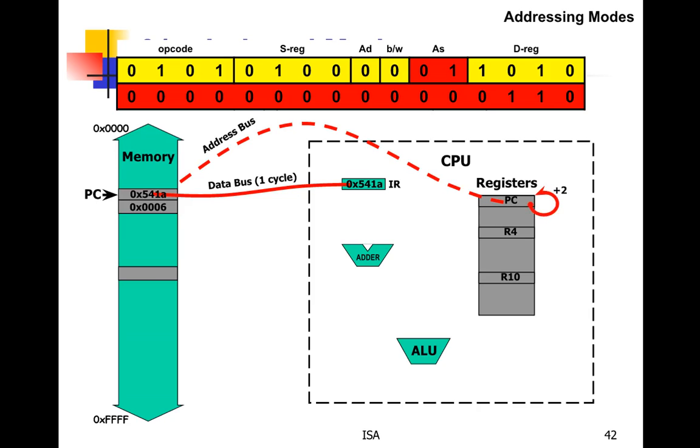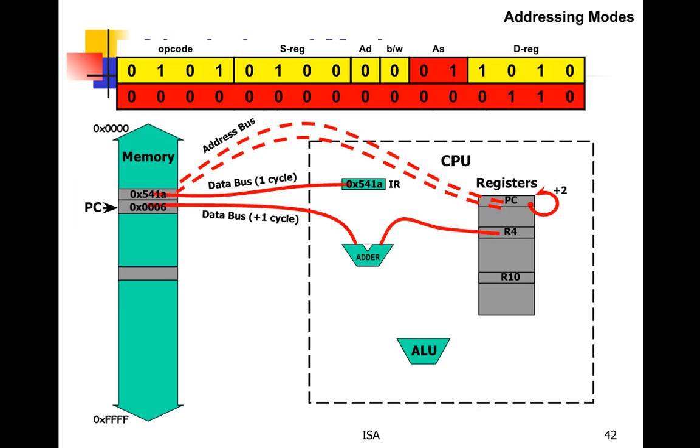Then the PC is incremented by 2, and then it goes out and reads again that 6, and that 6 is then added in the adder with the contents of register 4. So those two are added together, and the result is the source address.